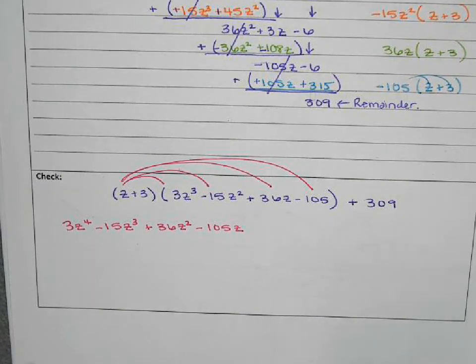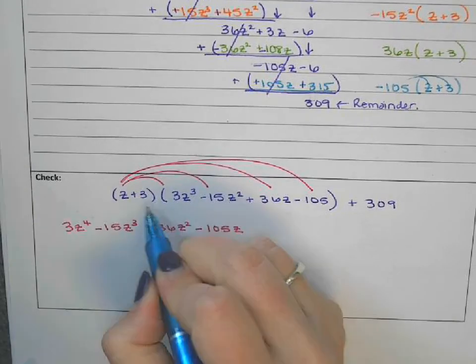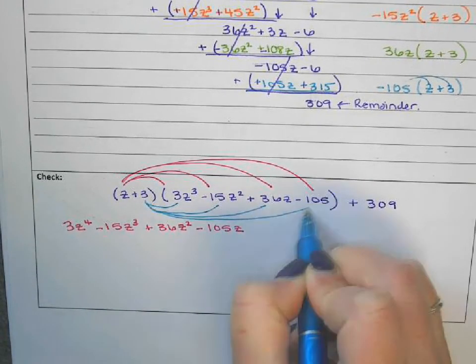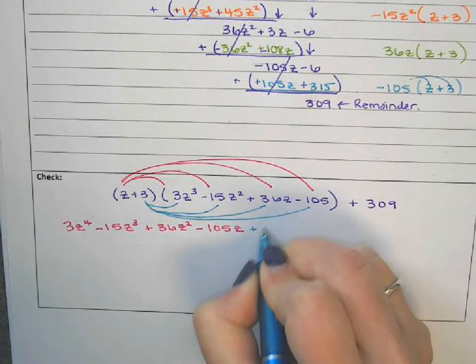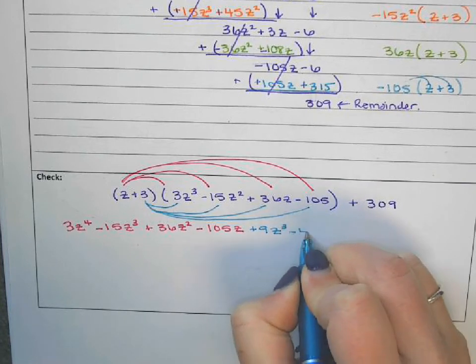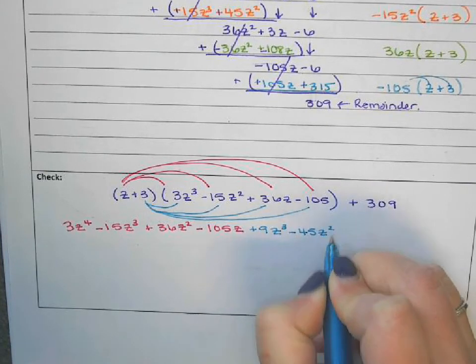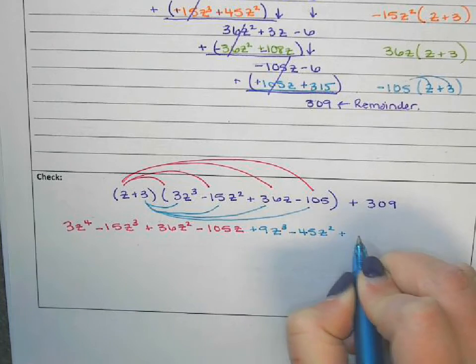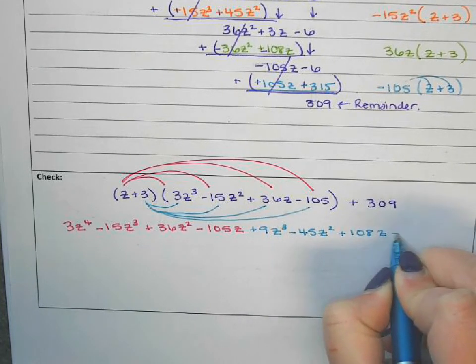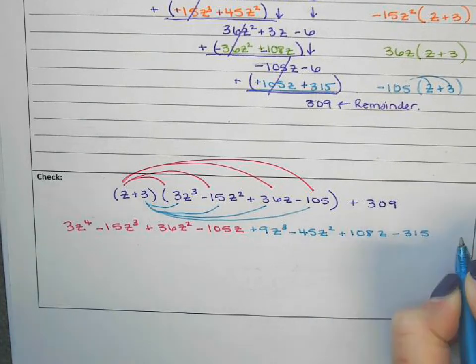And then I'm going to go back. And you could do the seashell method. You could do the box method. It does not matter here. I'm going to distribute my 3 to all 4 terms: plus 9z to the 3rd minus 45z squared plus 108z minus 315.